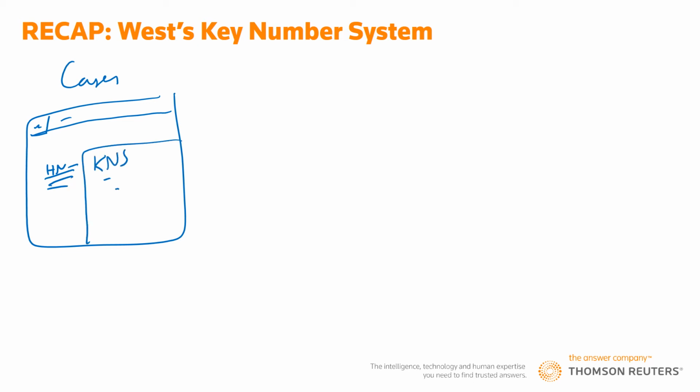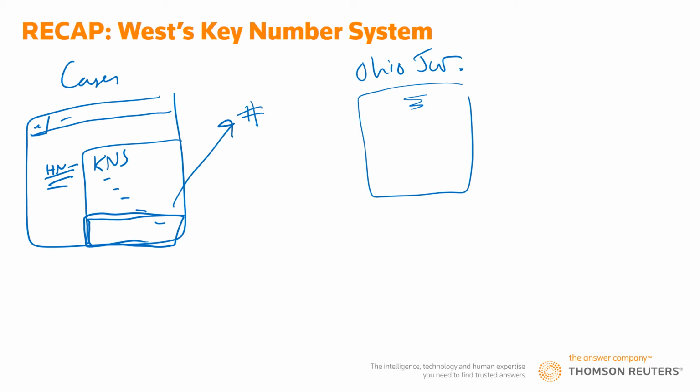And those are broken down by different levels of detail, so that down here at the lowest level, you'll be able to bring out a number of manageable results. West's key numbers are also accessible from Ohio Jur and other secondary sources. Why? Because right at the top, it'll say key numbers.